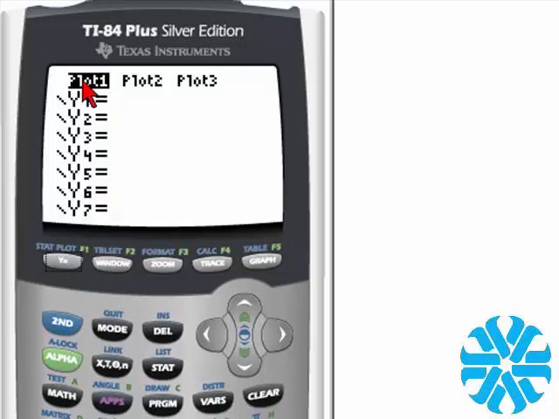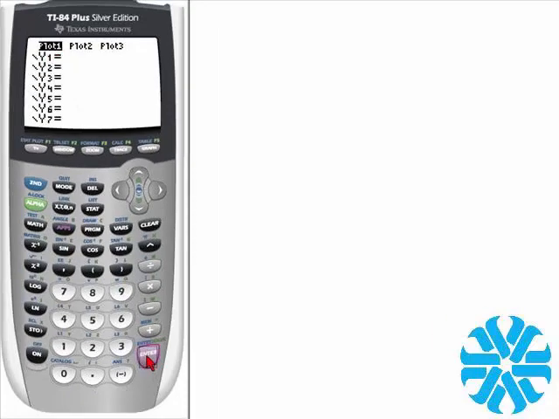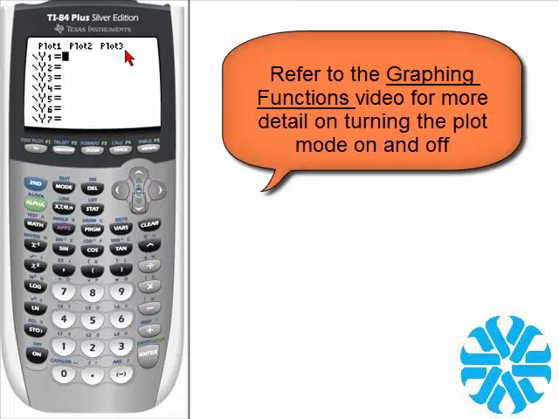We simply move the cursor upward, and now we're on plot 1, and if we hit enter, that turns it off. We move the cursor down, and we can see now that it is not highlighted. For more details on how to turn the plot modes on and off, refer to the Graphing Functions video.